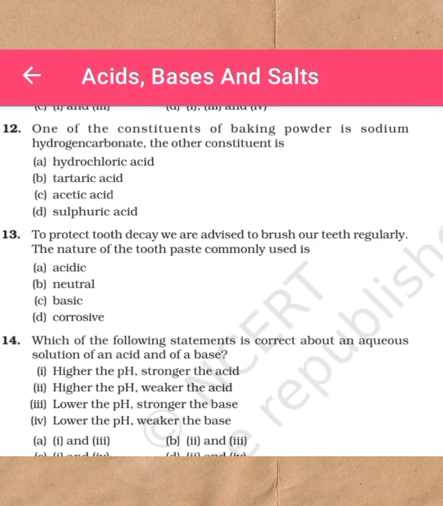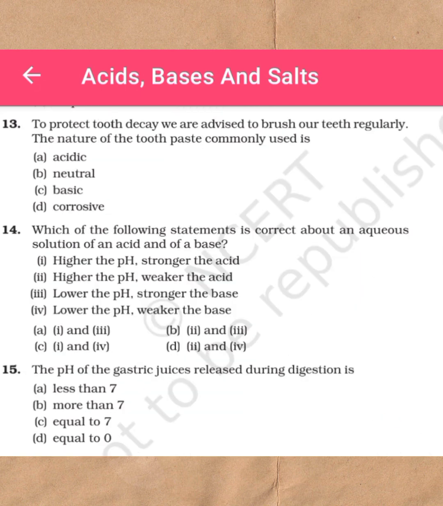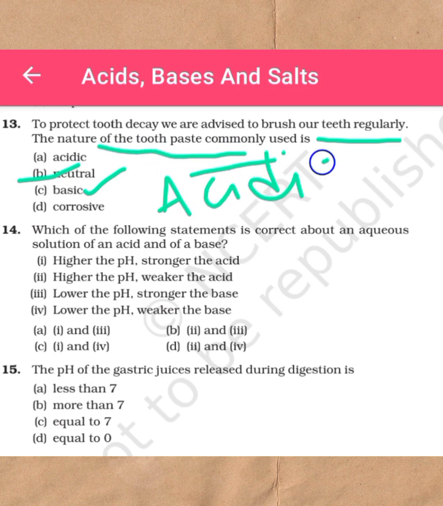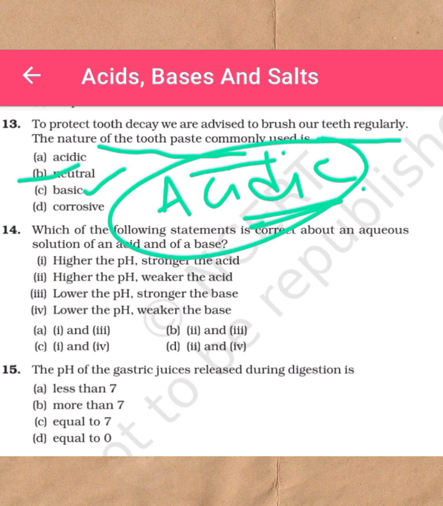Next question is question number 13. To protect against tooth decay, we are advised to brush our teeth regularly. The nature of toothpaste commonly used is basic, because in our mouth the nature will be acidic due to the hypersecretion of acid during digestion.